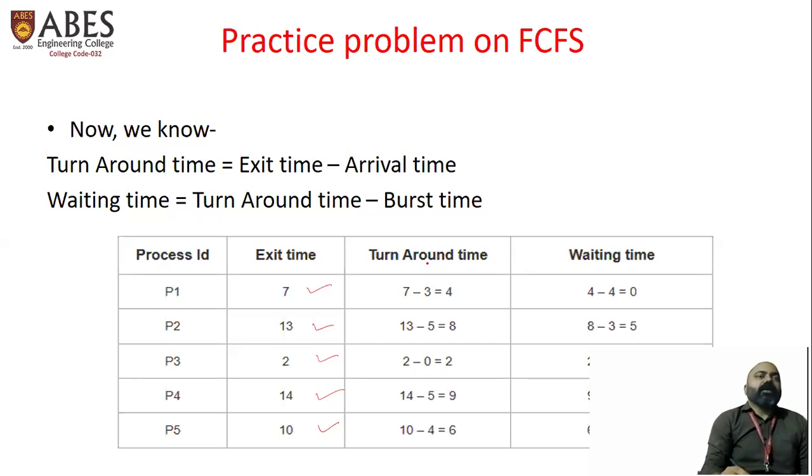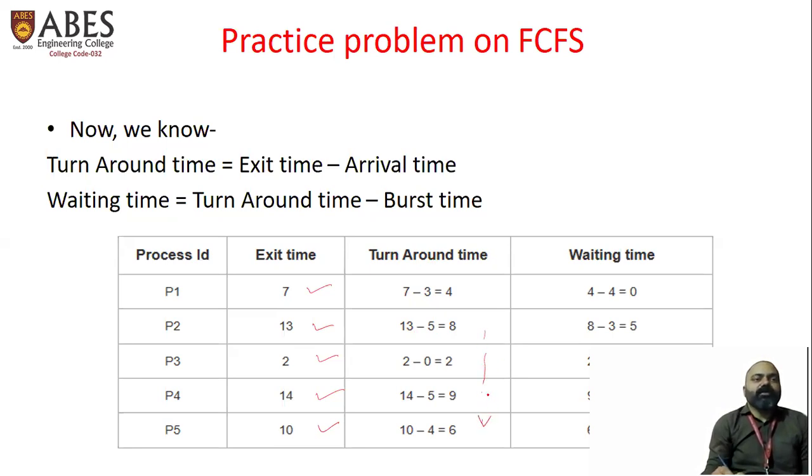How can you get turnaround time? Turnaround time for an individual process will be the exit time of that process minus the arrival time of that process. So here 7 minus arrival time of P1, here 13 minus arrival time of P2, in this manner, the same for all.